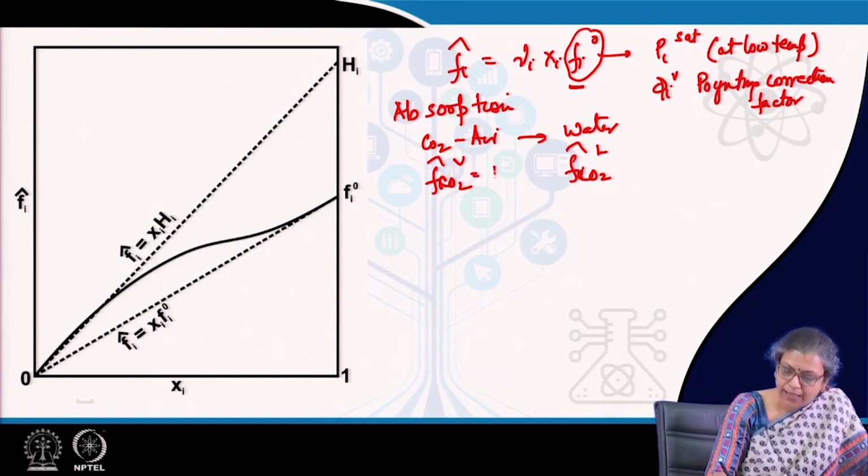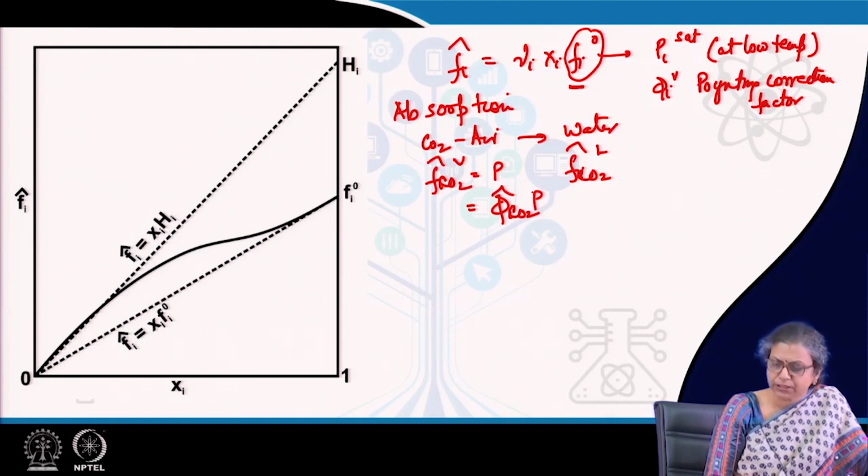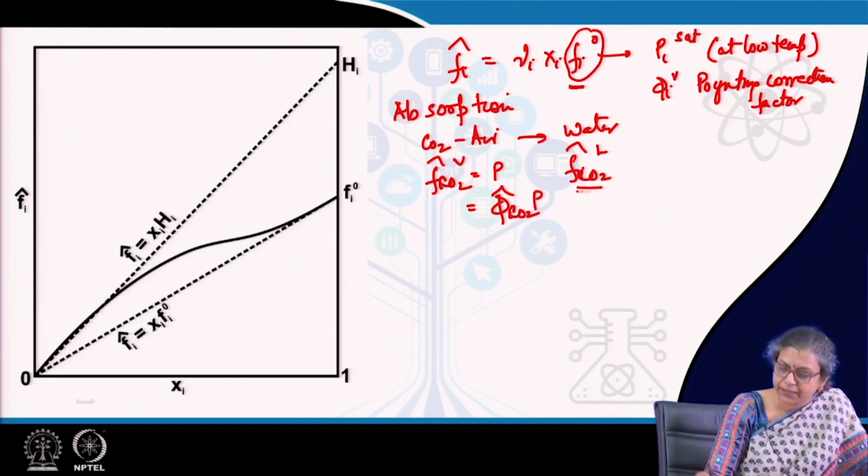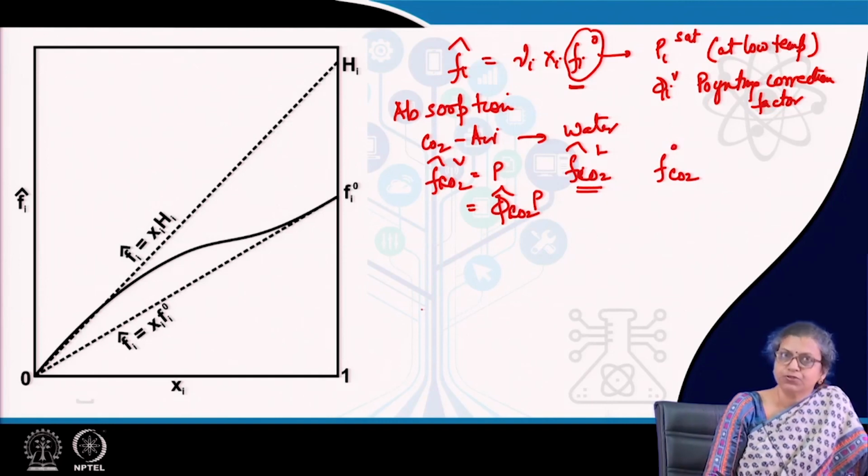We know that it will either be equal to pressure, or in other words it will be equal to phi CO2 into pressure, depending upon the composition. It is not a problem. So, how to find out the liquid phase one? We cannot find out fCO2 in the pure state.